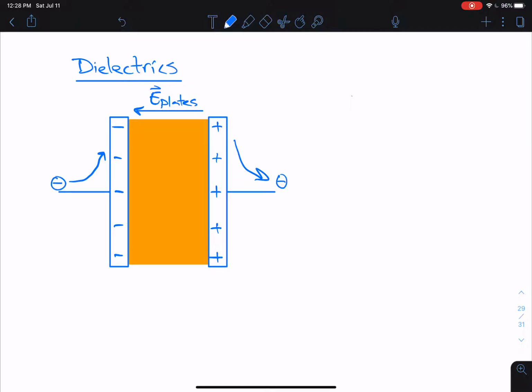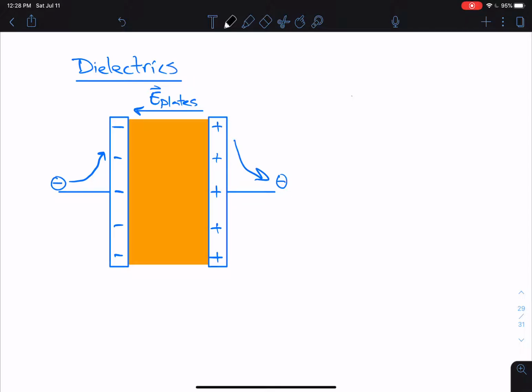Now the dielectric itself is made up of atoms. And atoms, as you know, are made up of protons, electrons, and neutrons. And although the atom itself may be neutral, because it has positive and negative charges, they're going to respond to the electric field, to any electric field, but in this case, the electric field created by the plates.